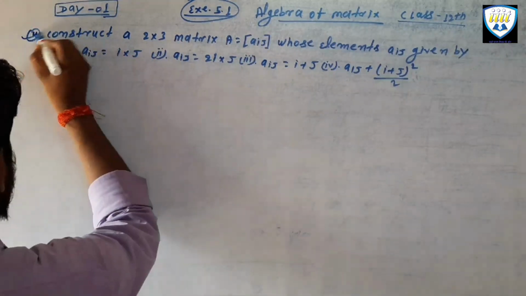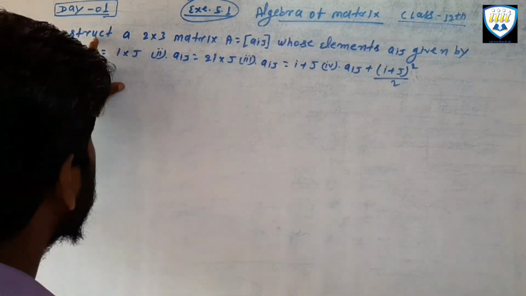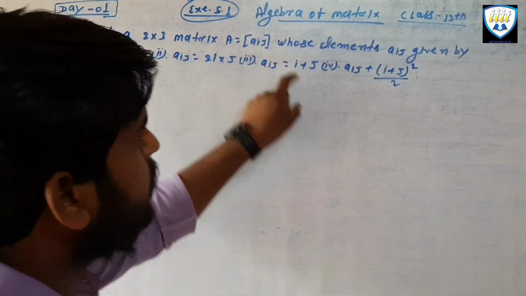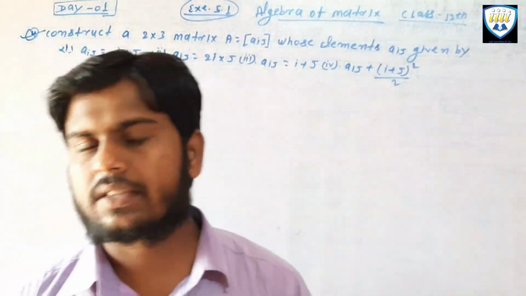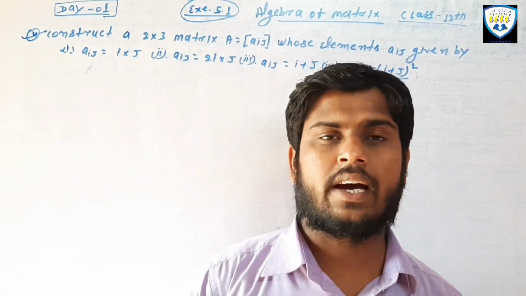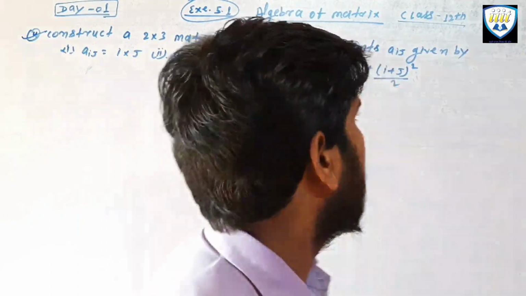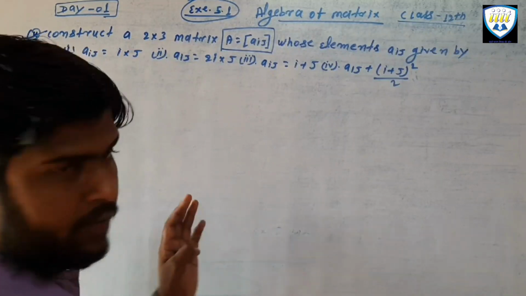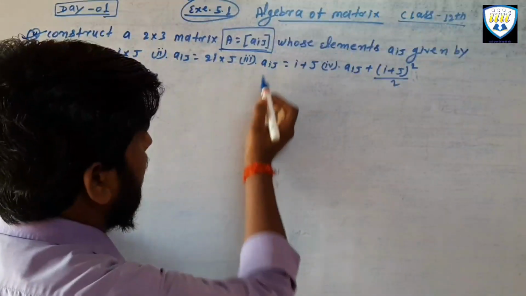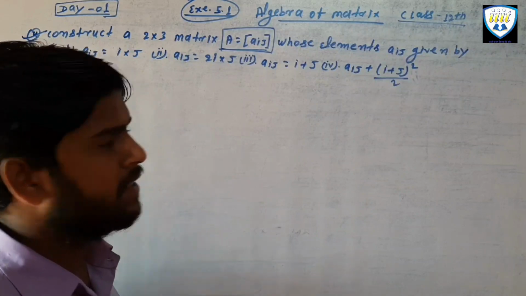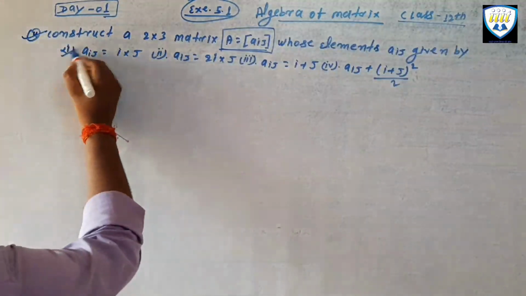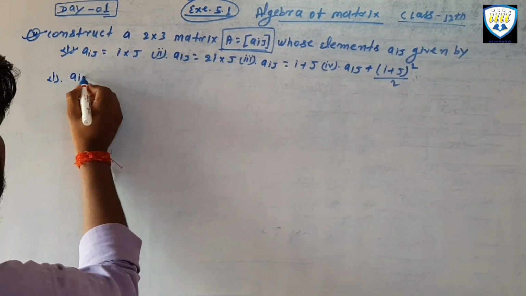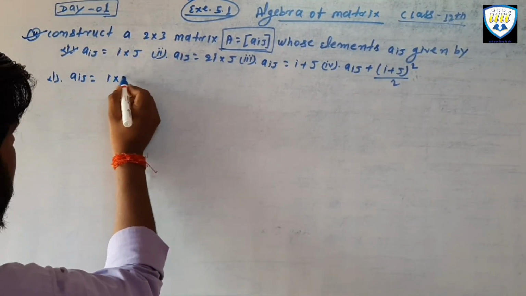Question 4: construct a 2 into 3 matrix A equals Aij, whose elements Aij are given by Aij equals i into j.